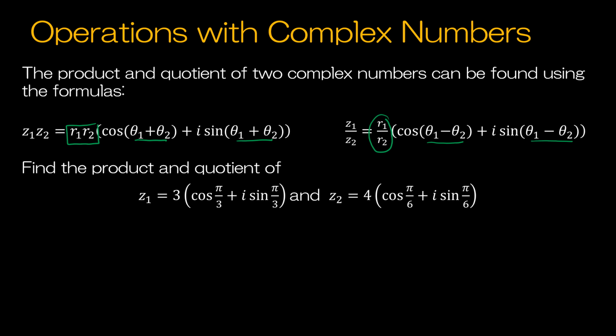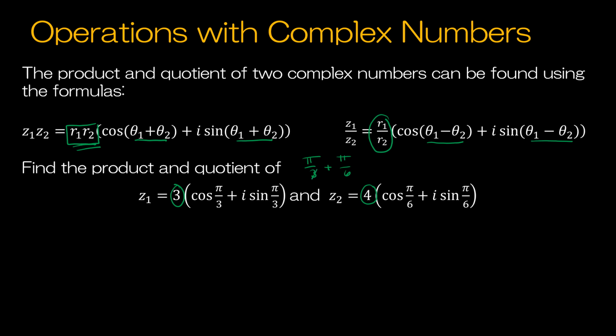So if I'm finding the product of z1 and z2, I'm going to start by taking 3 times 4, so that's r1 times r2. And the theta value is going to be pi over 3 plus pi over 6. And again, use your brain rather than your calculator. How can I add these together?